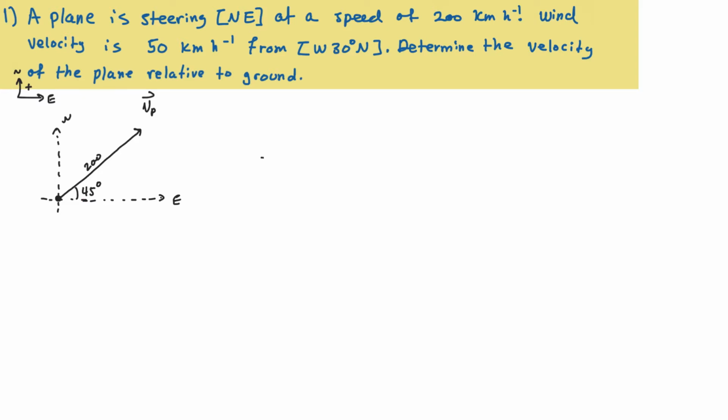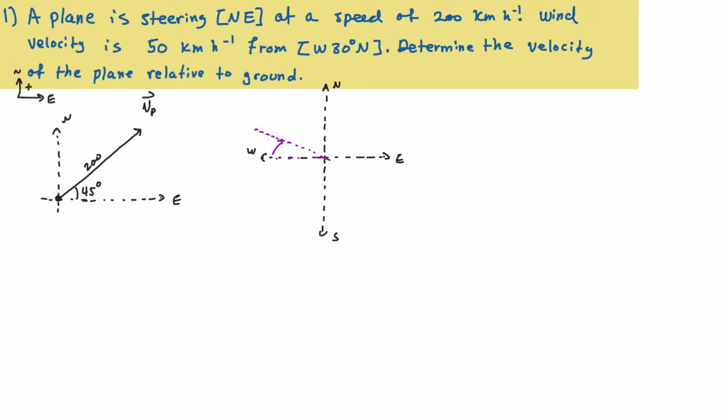Let's draw the wind speed. I'm going to draw the whole coordinate system for this one. We're going to have north, east, west, and south. We know that the velocity is west 30 degrees north. So first we go west in this direction, turn 30 degrees towards the north, and that's the direction at which it's coming from.